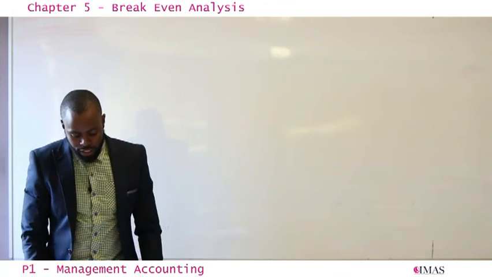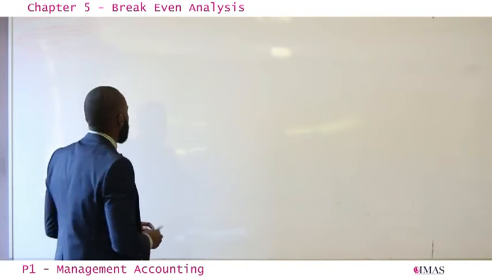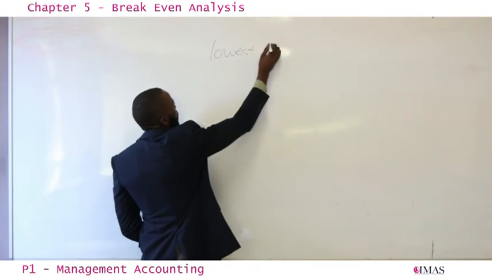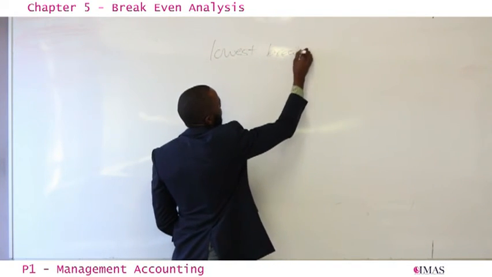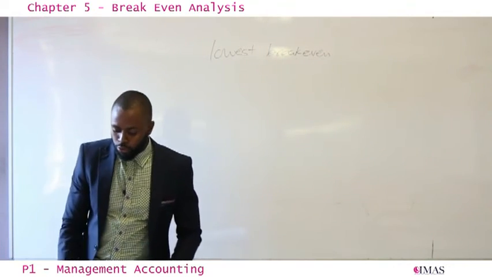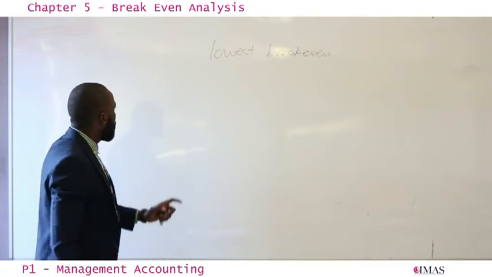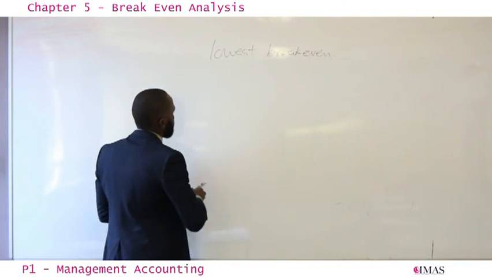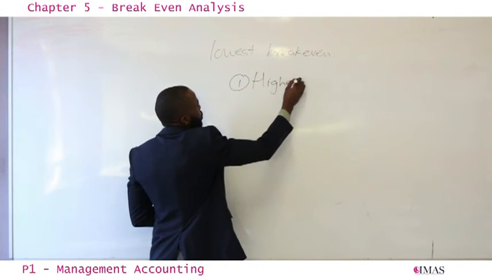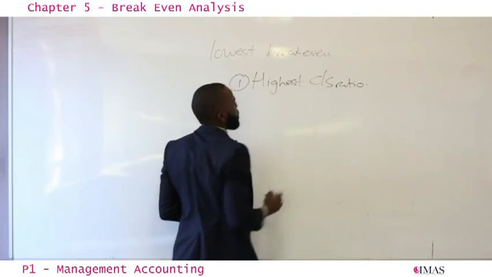Question 112 says, calculate the lowest break-even sales. So now our assumption has changed. When I was giving you 3 assumptions, I said, to calculate the lowest break-even sales, we need to start by selling the product with the highest contribution to sales ratio.